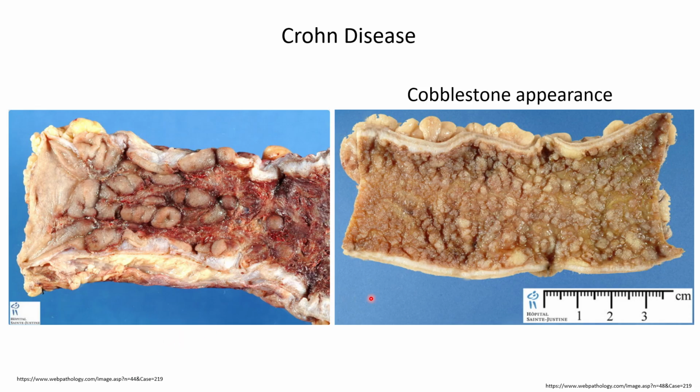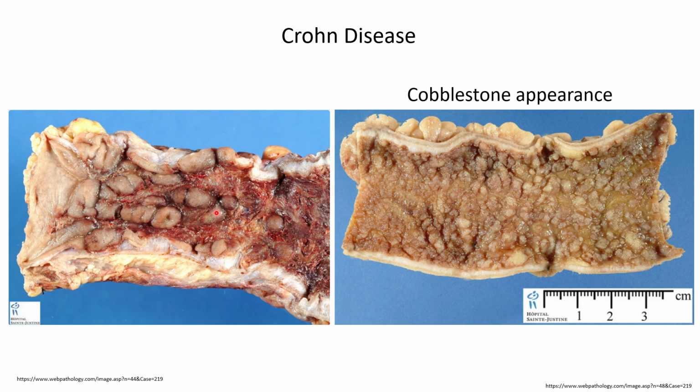These are two pictures of a colon with Crohn's disease. We can see here in the picture on the left that there is extensive ulceration covered with hemorrhagic exudate. And these over here are islands of residual uninvolved mucosa.